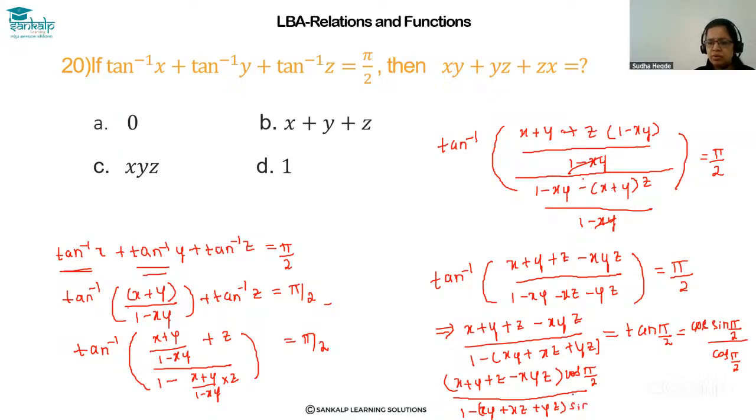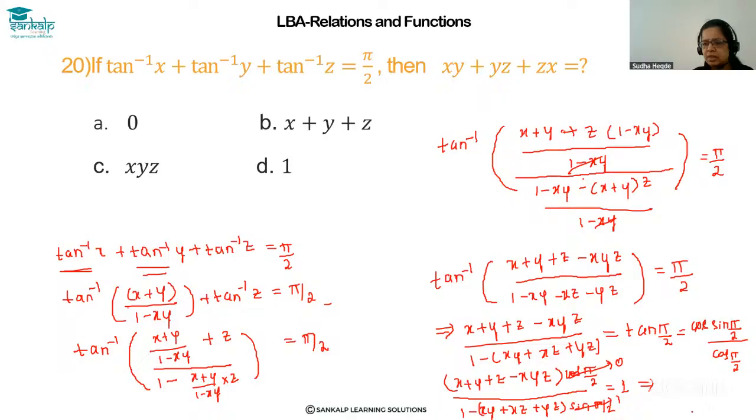Sin pi by 2 is equal to 1. What is cos pi by 2? It is 0. Sin pi by 2 is 1. Correct? Substitute it. This implies the numerator becomes 0.